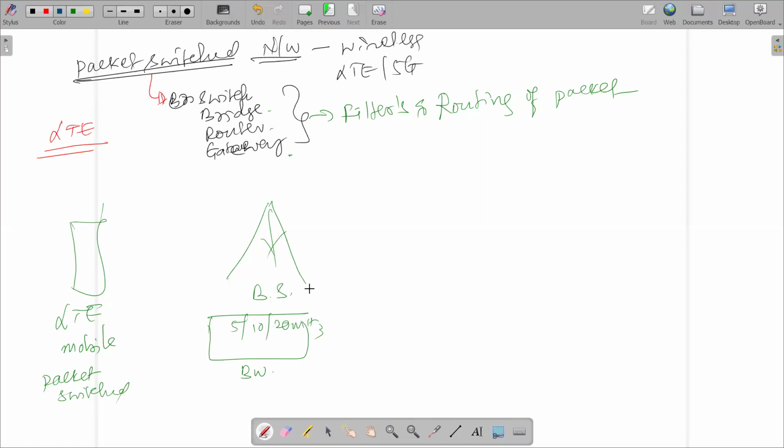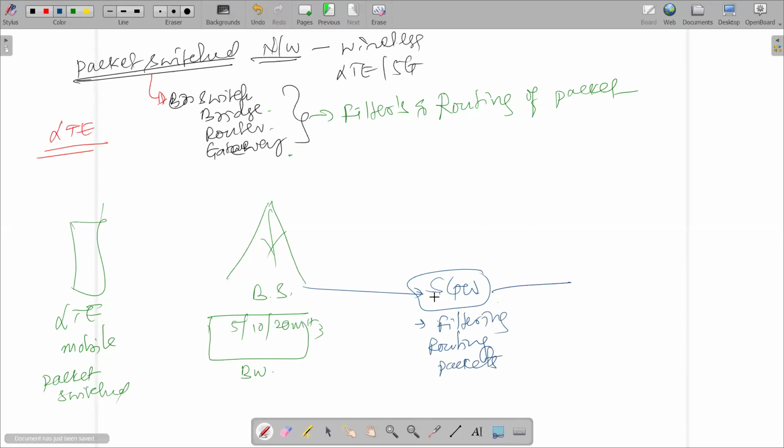Further, it is connected to the S gateway, the serving gateway. The main functionality is filtering and routing packets. S gateway, then P gateway.